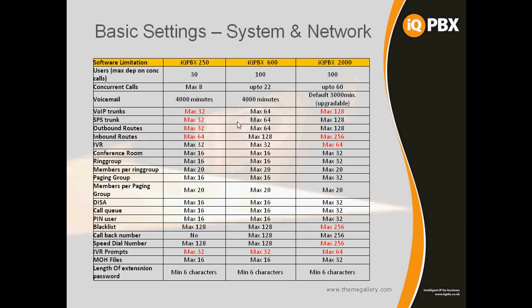The rest of the table looks at capacities for the relevant options, things like ring groups, inbound and outbound routes, number of trunks we can use, and other optional features at the bottom of the table. We look at DSAs, number of DSA connections, number of call queues we can create, call center queues, music on hold files, etc.